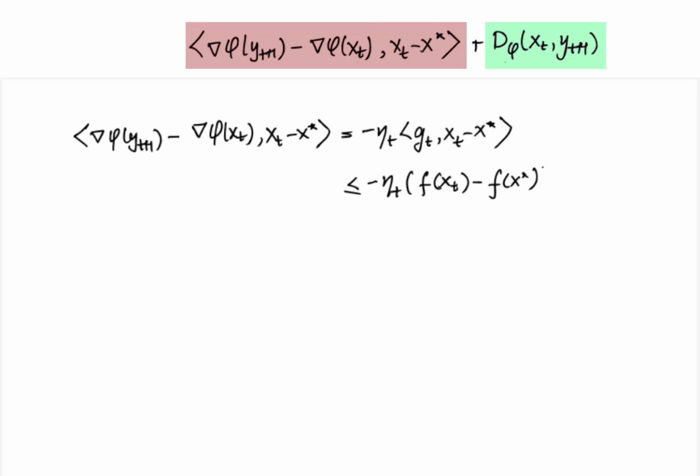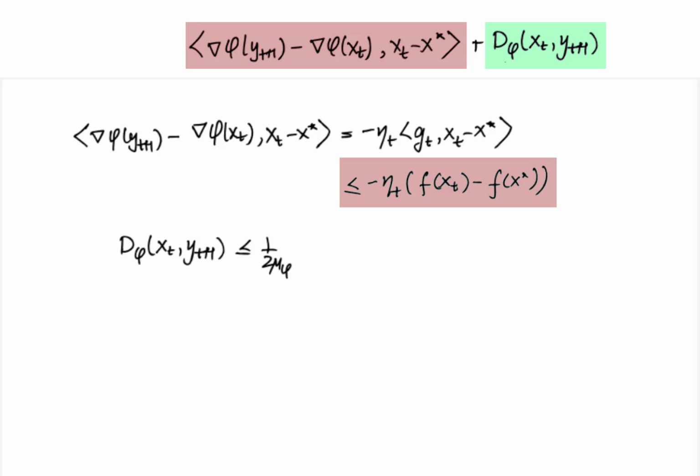The second term can be bounded using the strong convexity of phi, which implies that D_phi of x_t comma y_{t+1} is less than or equal to 1 by 2 mu_phi times the dual norm square of gradient phi x_t minus gradient phi y_{t+1}, which can be written as eta_t square by 2 mu_phi times the dual norm square of g_t.